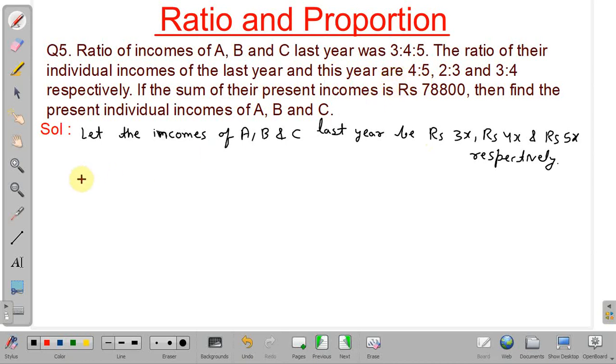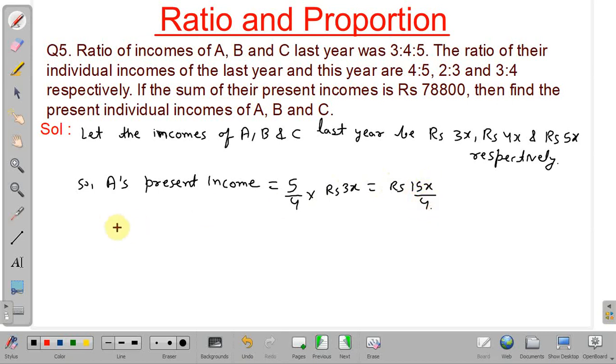Okay, so A's present income. See, what is the ratio? 4 is to 5. So present income will be 5 by 4 into last year income, so rupees 3x. So it will be rupees 15x by 4. Similarly, we can calculate B's present income.